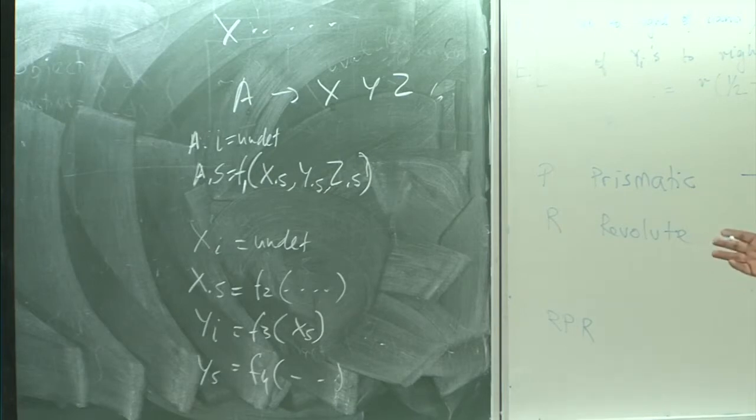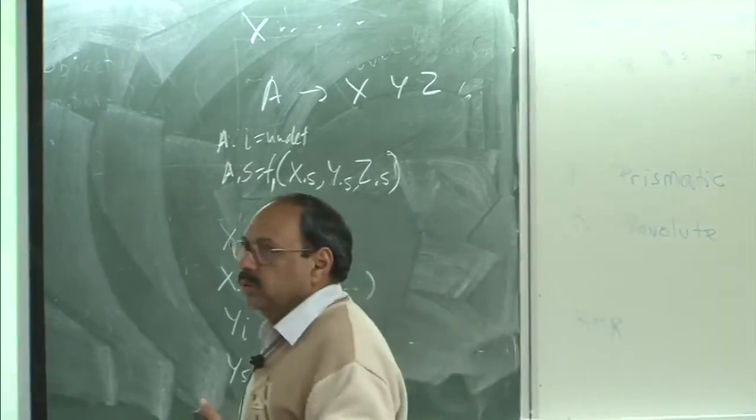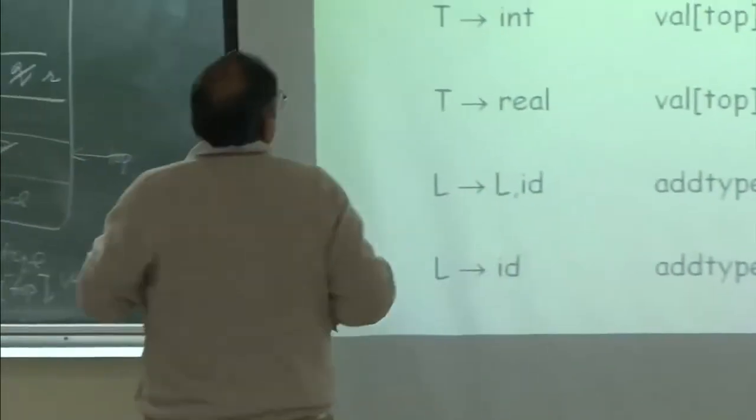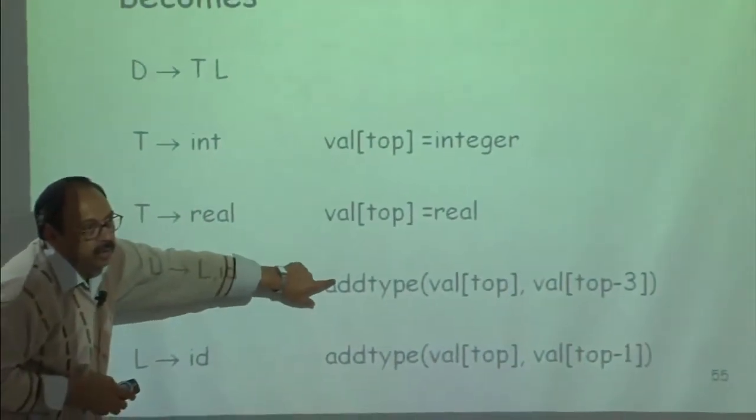So, can you see that do I need any inherited attributes in my system? If I am dealing only with synthesized attributes, okay, then I can always find them in the stack. I just need to know the right location. Like in this case, I was able to know the right location, saying that whenever this reduction takes place, then the right reduction is finding the value in top minus 3.